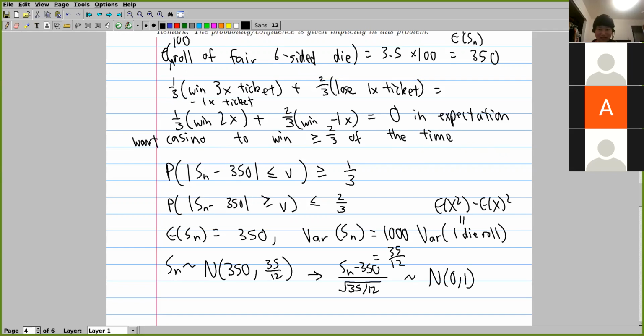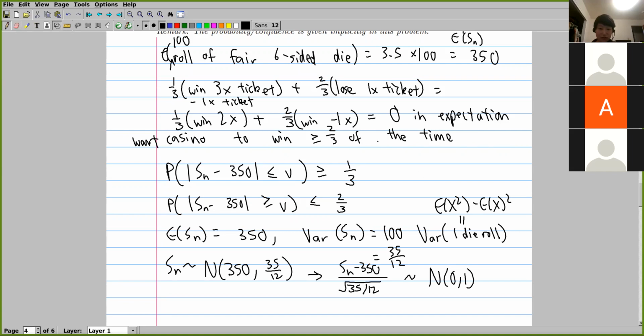Oops, yeah, it's 100. Wait, it's not 100 squared, because it's the sum of 100 variables. It's not literally 100 times the one dice roll.